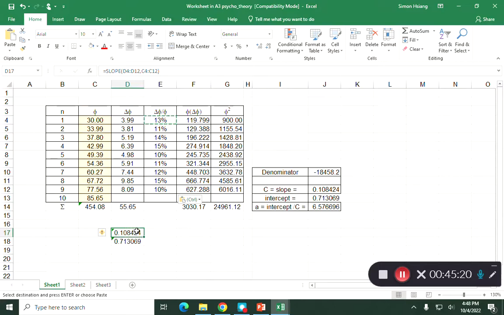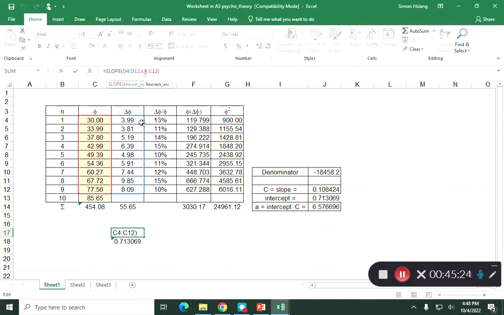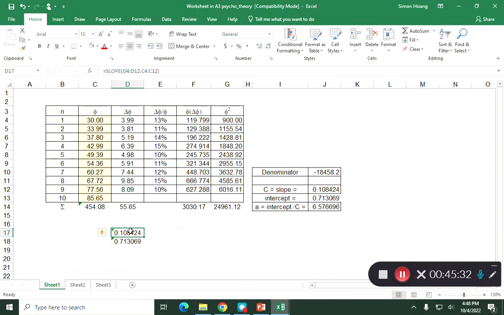Okay, so now here I can do the cheap way. All you need to do now is just get the slope between delta phi and phi, 0.1, about 10%. See that? So that is your Weber constant, 10%. Usually you can tell 10% of difference in this experiment.